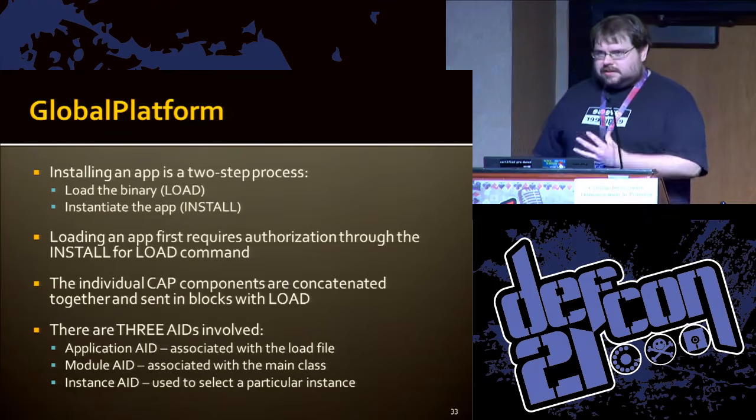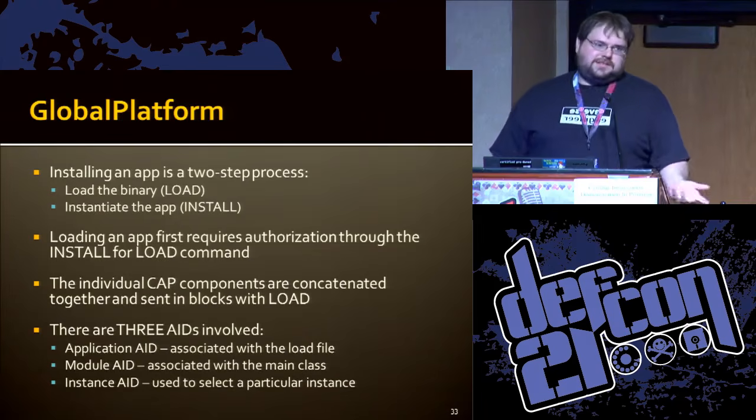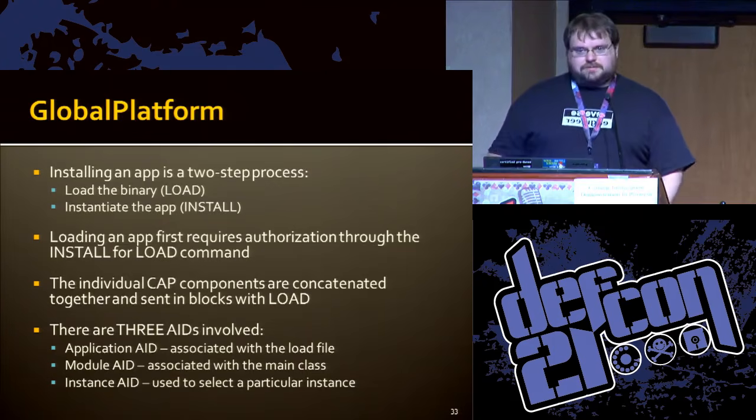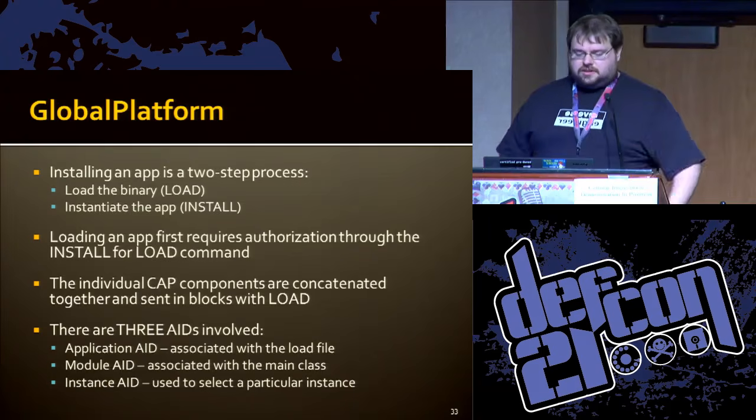And the binary that you send to it basically is just straight from this CAP file. You just unzip the CAP file, concatenate everything together, and just shove it at the card, and that works.